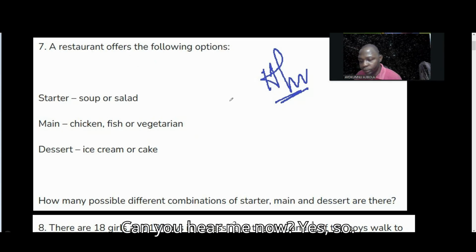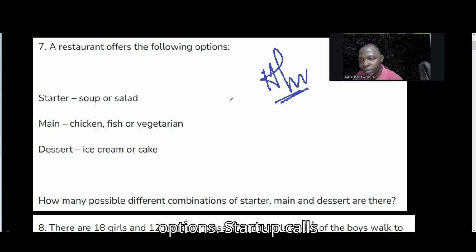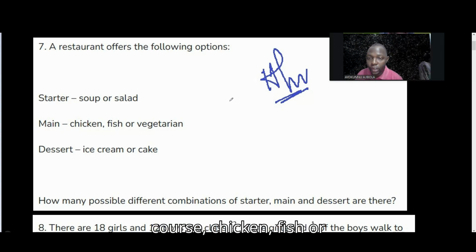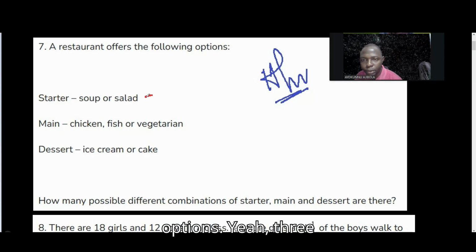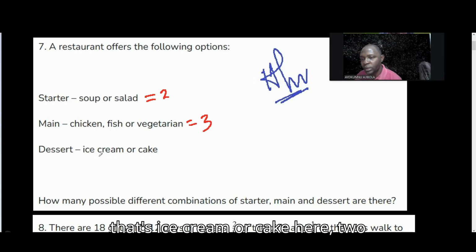A restaurant offers the following options: starter course, soup or salad; main course, chicken, fish, or vegetarian. So, here, two options. Here, three options. And the last one is dessert, that's ice cream or cake.